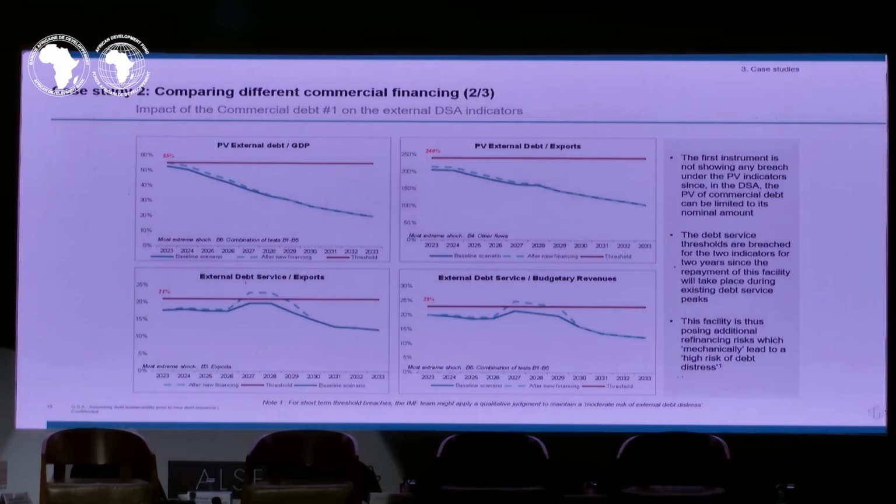So, looking here at the impact of the first instrument. So here we're looking only at the impact of the Eurobond. What we are saying is that this Eurobond is creating liquidity pressure during the years where we already have some liquidity pressure, okay? So actually it's going to increase the pressure when we are already in pressure.